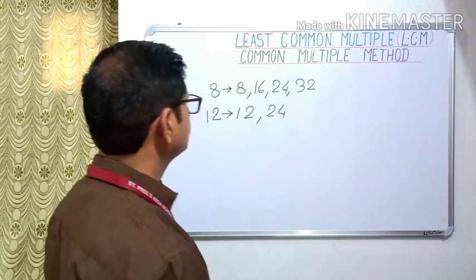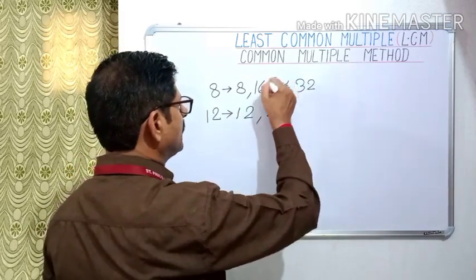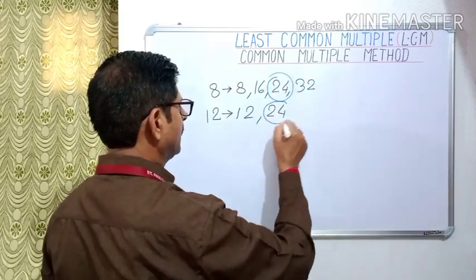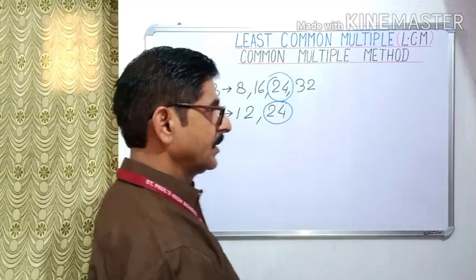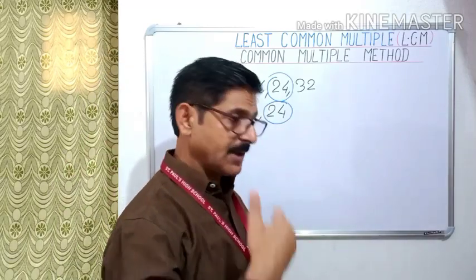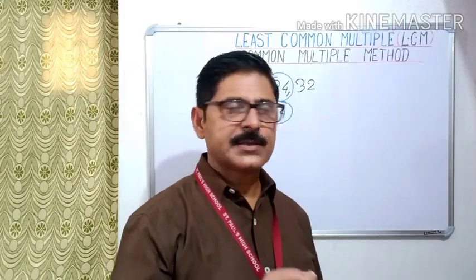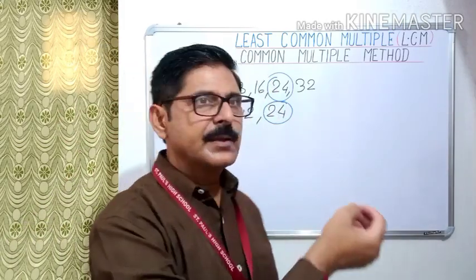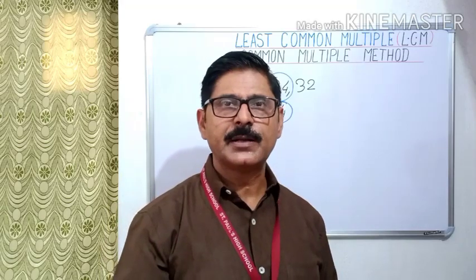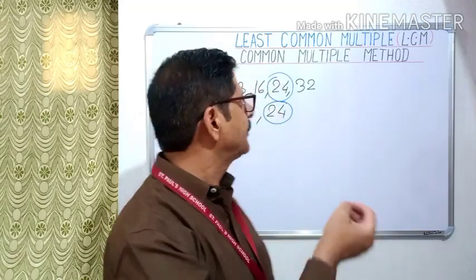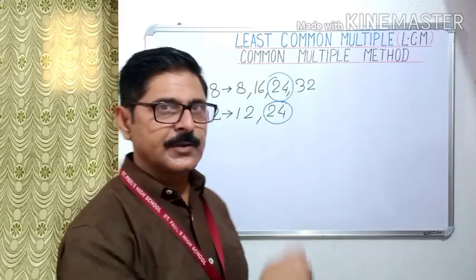So this common multiple, of course you will have some more multiples of the two numbers also, but 24 is the smallest number which is a multiple of both the numbers 8 and 12.